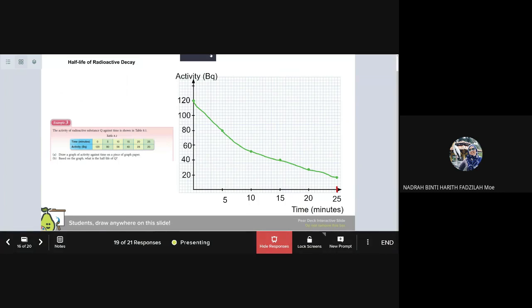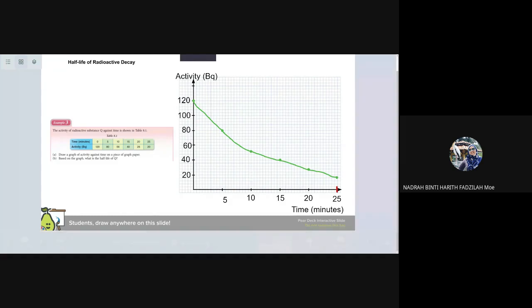So saya share saya punya screen untuk tunjukkan macam mana bentuk graf tersebut, and then kita tahu original activity is 120. So untuk half life kita kena divide by 2, barulah kita dapat half life dia is at 60 kan.